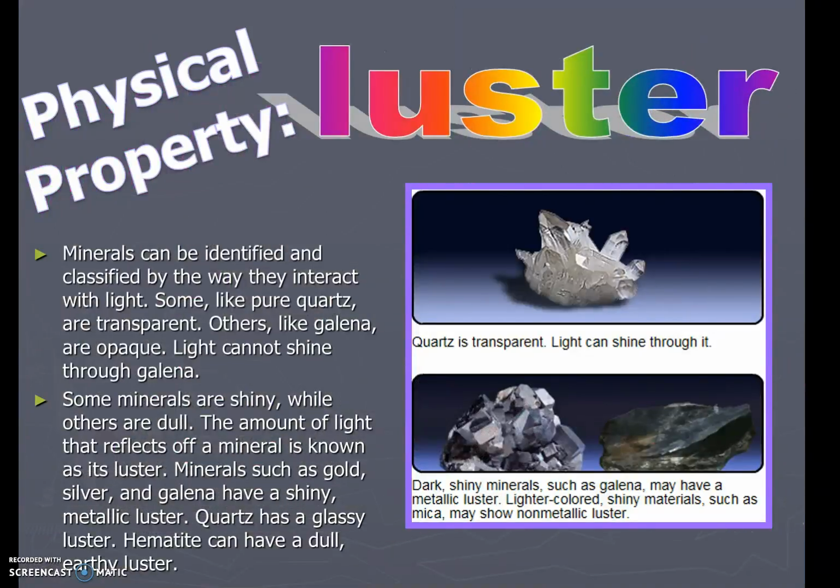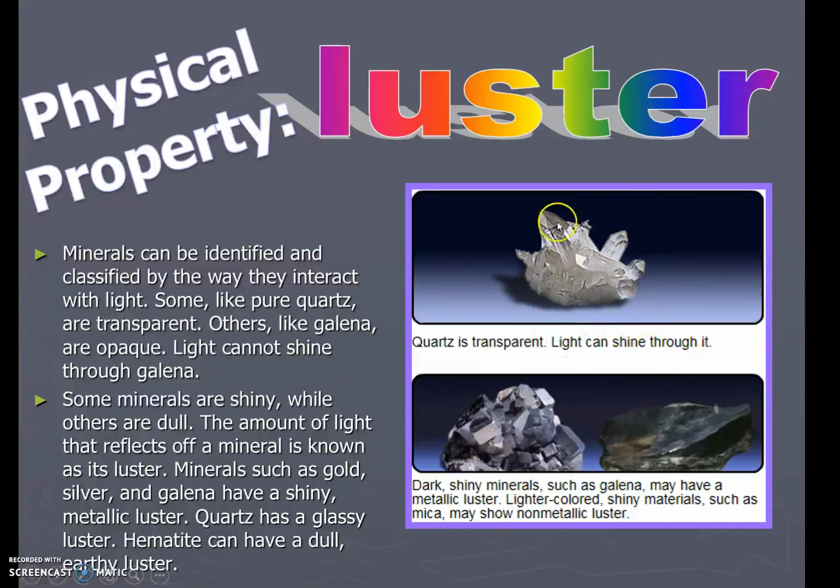Another physical property is luster. Luster is the way a mineral interacts with light. Some, like pure quartz, are transparent. You can see right here the light shines through it. Other minerals are opaque, such as galena, which the light cannot shine through. Other ways to describe luster are how the mineral reflects the light. For example, the quartz is shiny.